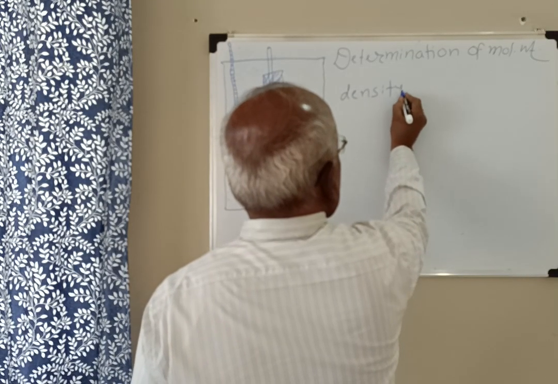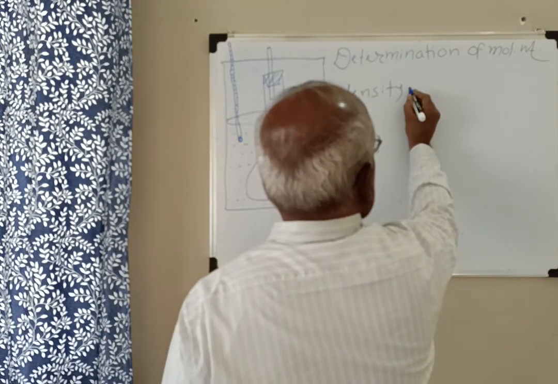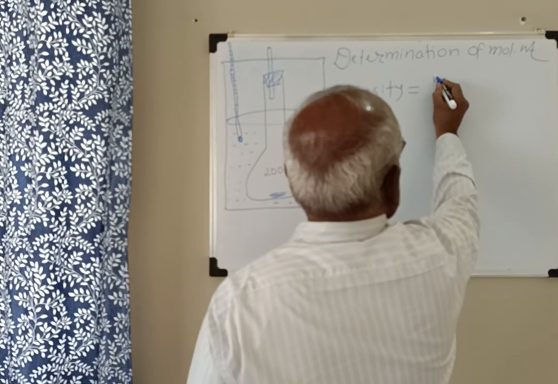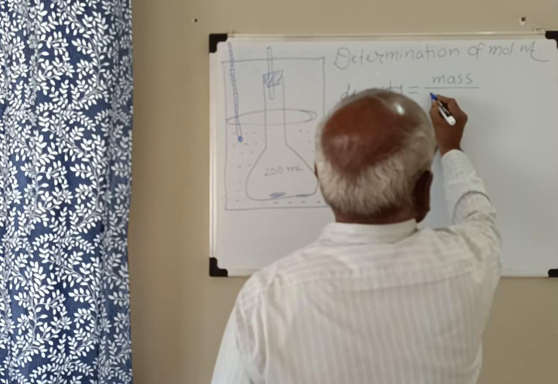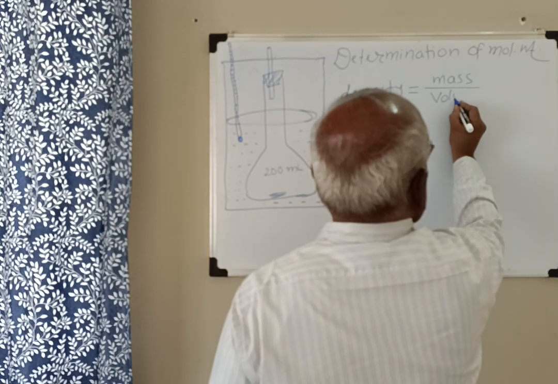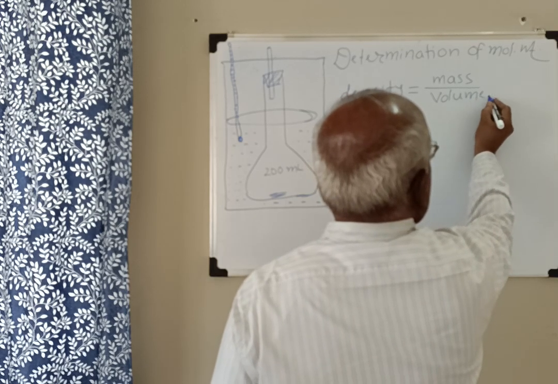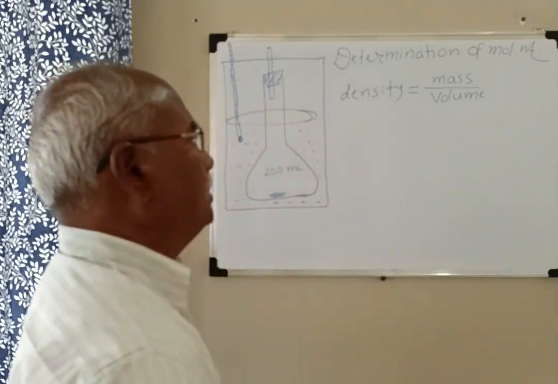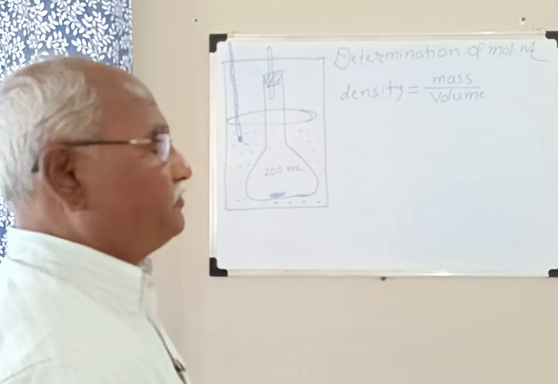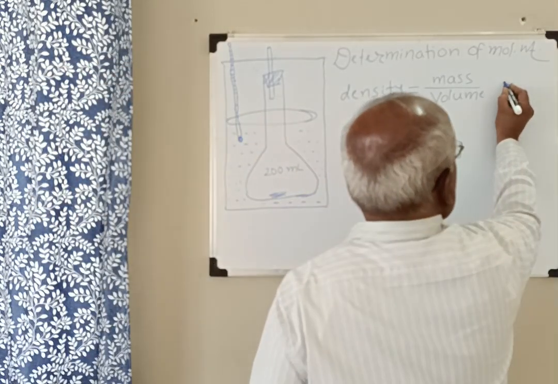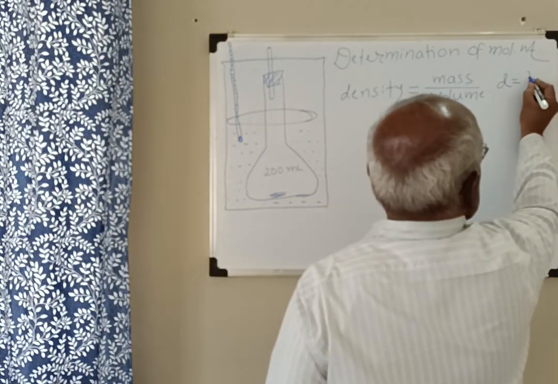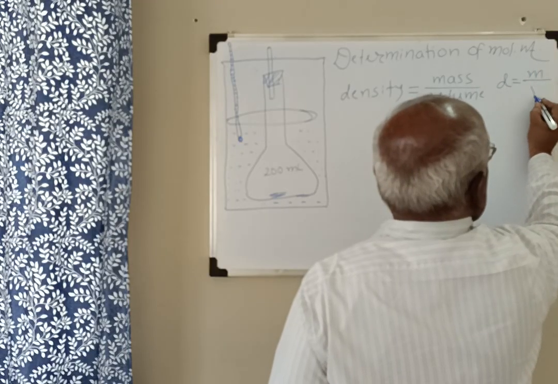Density is equal to mass divided by volume. Mass divided by volume. The same relation can be written D is equal to m upon v.